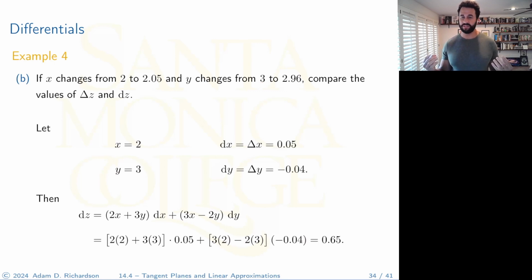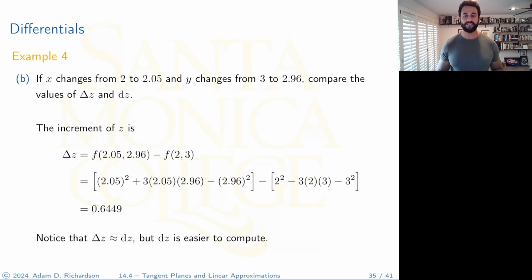Now we can use the differential dz to get this value. We plug in our numbers for x and y, and for dx and dy, simplify, and we get 0.65. So that is dz. That is the change in the tangent plane approximation at that point.